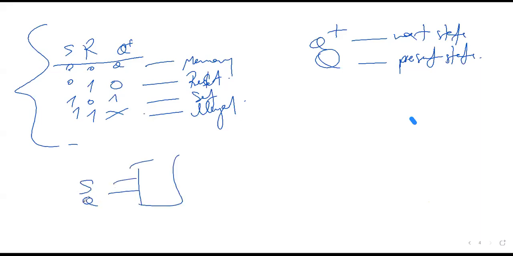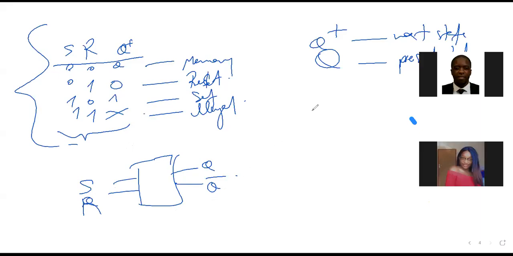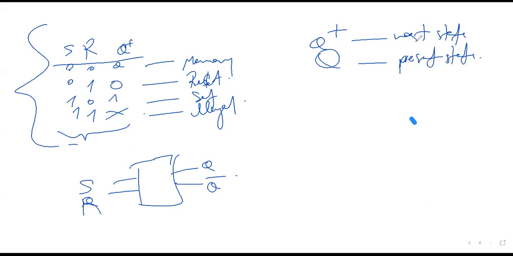We have S, R, then our output Q and Q bar. This is what an SR latch will look like: two inputs, two outputs, Q and Q bar. The truth table doesn't change, even if it's active low or active high. With the truth table, we saw that we also have the characteristics table.